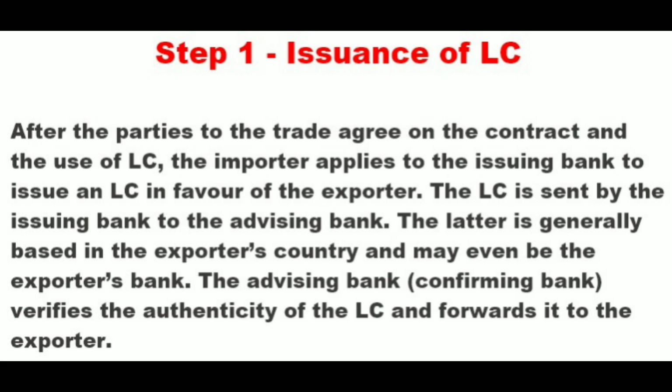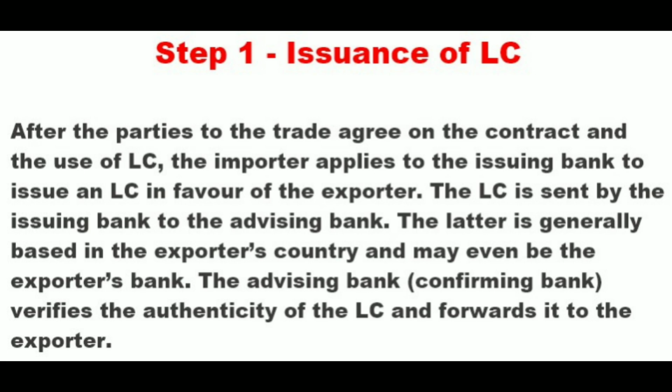So, what does it mean? It means now the importer and exporter both agreed for the trade and the use of the LC system. The importer goes to his bank and applies for LC in favor of the exporter.